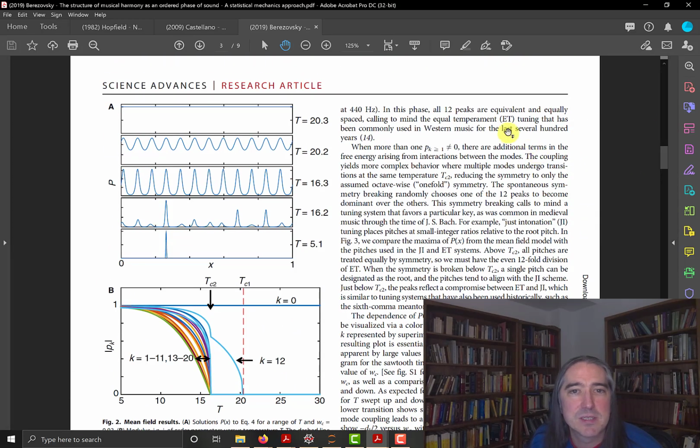Anyway, one of the take-home messages is as you turn down the temperature, in other words, turn down the extent to which you favor randomness, you go from what looks like white noise, so this is frequency and probability that it appears in your piece, to something that condenses out to 12 tones, and then you get one tone with a few others still surviving, and eventually, as you keep turning down the temperature, you just get a single tone, right?